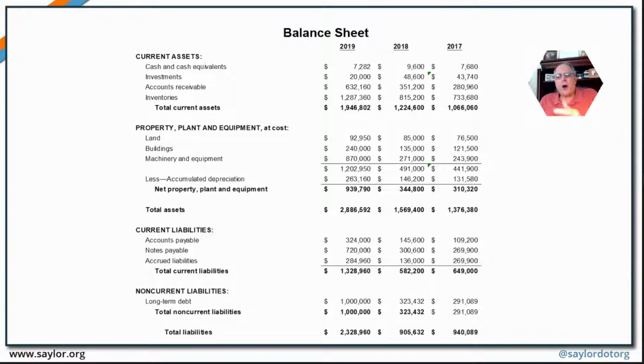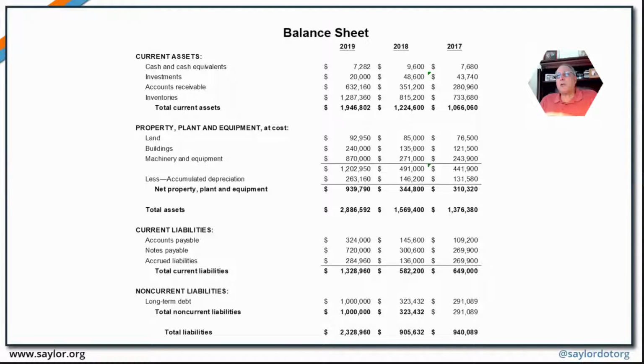Cash, because it's already cash. And then we have investments that can be liquidated and turned into cash. Accounts receivable, that's money that we're expecting to come in. It's owed to us from customers and accounts. And inventory. You've built product, you've put it in a warehouse. We own that. It has value because it can be sold. So current assets are all those things that can be liquidated in 12 months.